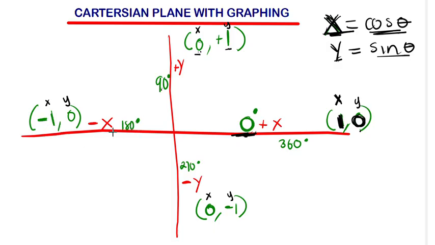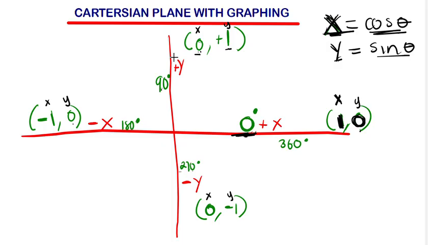But if I say sin 180, the answer is 0 in the y-axis. If I say sin 270, sine is for the y-axis, which is negative 1. Then if I say cos 270, the answer is 0.